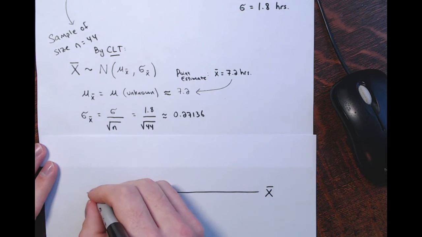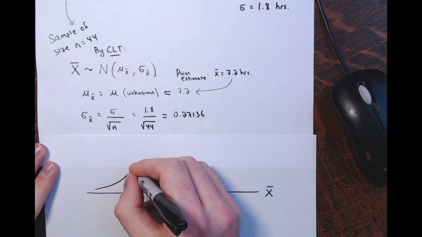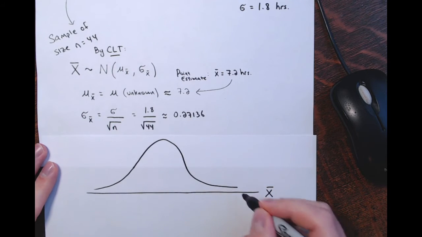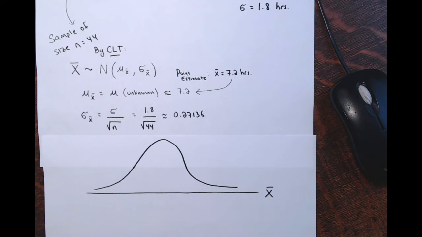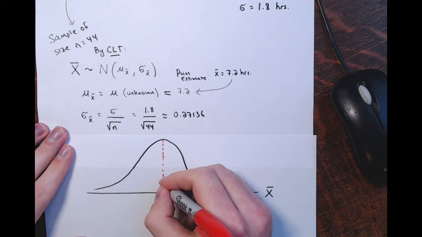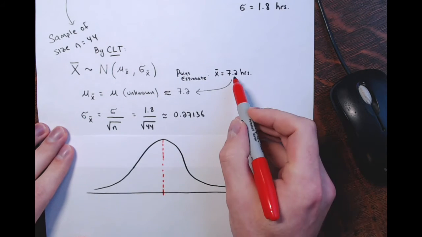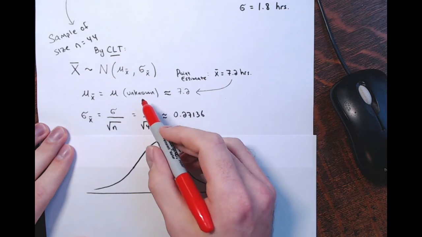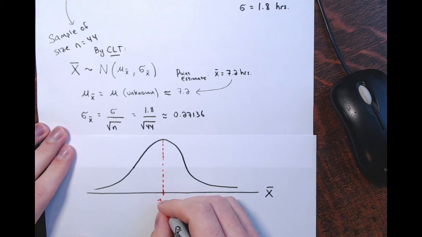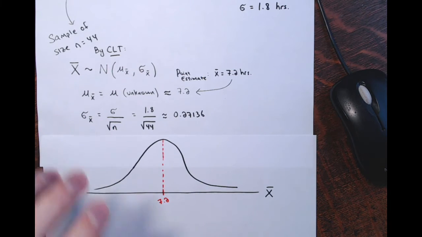It says normally distributed, so I'm going to create a symmetrical bell-shaped curve over this, and underneath the peak is our point estimate, our 7.2, because again, we don't know the actual mean mu.